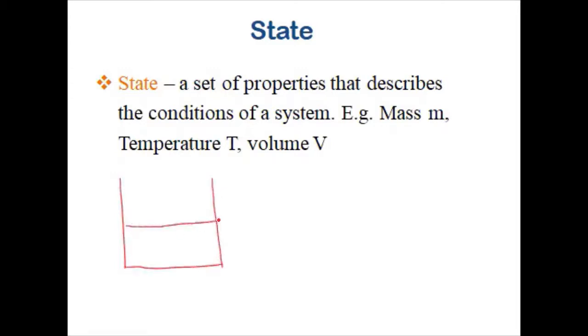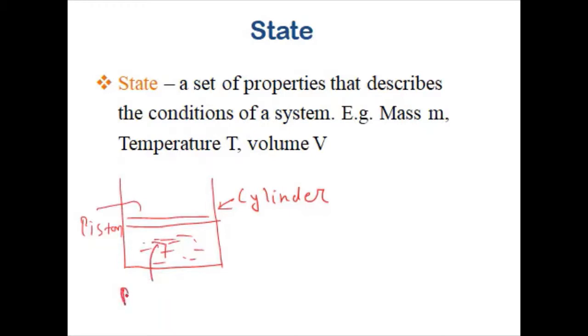This is your cylinder and this is your piston, and this piston can reciprocate in this cylinder. In this arrangement, we have gases. The initial state is described by the pressure P1, temperature T1, and volume V1. Let's say initially this fluid has pressure P1, temperature T1, and volume V1.